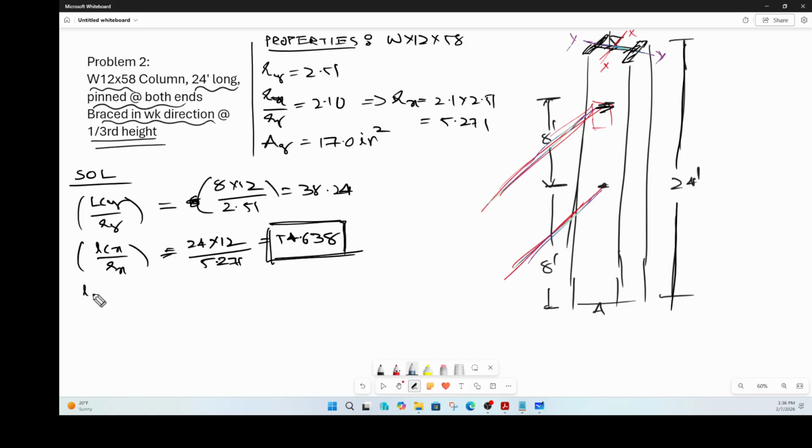So your final LC by r is the max of 38.24 and 54.63, so that is nothing but 54.63.